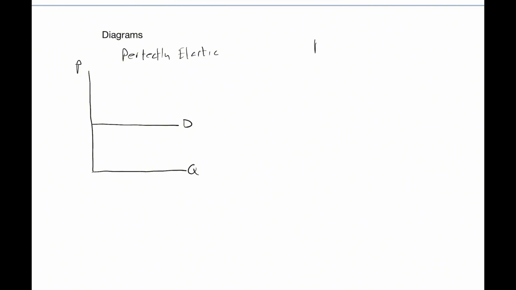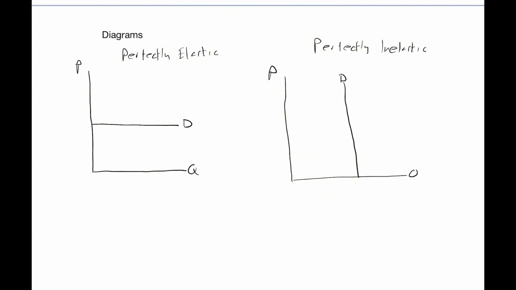If the product is perfectly inelastic, then the demand curve will be perfectly vertical, and we label that D for demand, price, quantity, okay? Remember, these are theoretical and there's no real life examples of products that are perfectly elastic or perfectly inelastic.